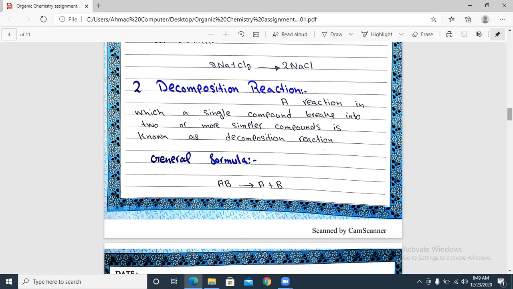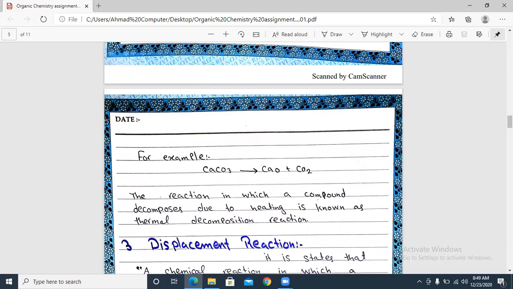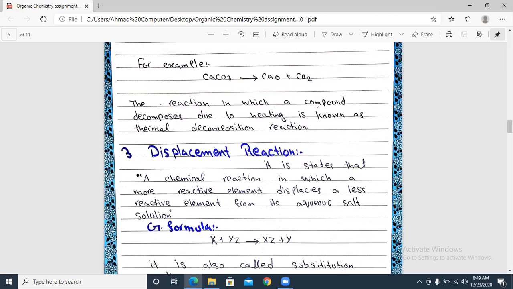Its general equation is AB gives A plus B, which separates the compound into two parts. For example, calcium carbonate reacts and forms calcium oxide and carbon dioxide. The reaction in which a compound decomposes due to heating is known as thermal decomposition.